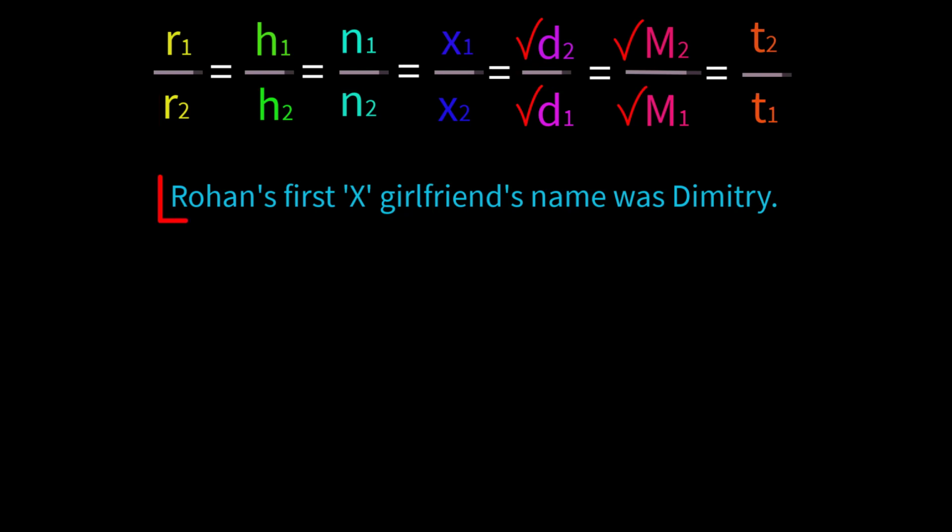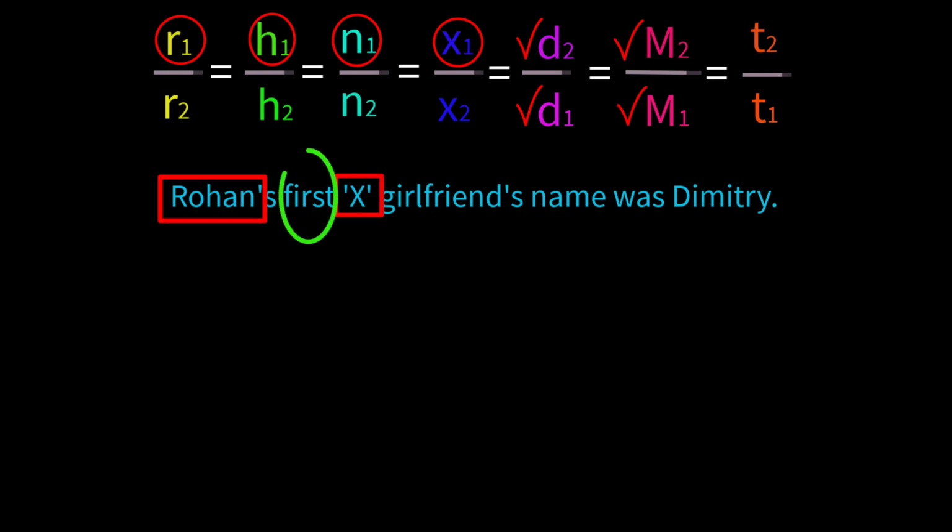From the name Rohan, we will get three numerators R, H and N. And this X also will be here as another numerator. Here first means 1. So we will write 1, 1, 1 and 1 here.